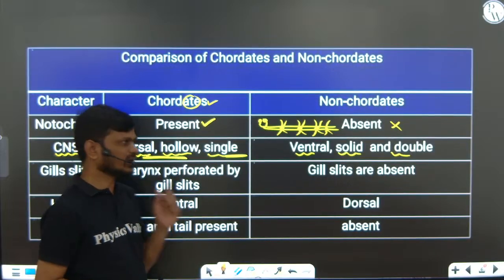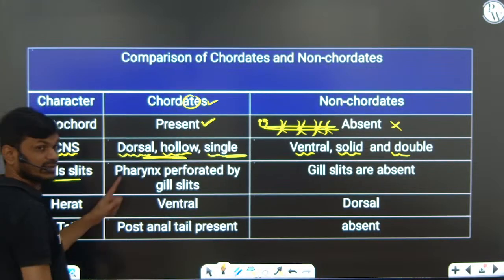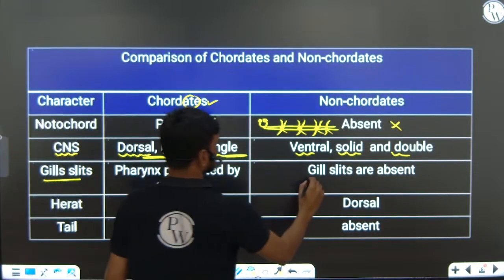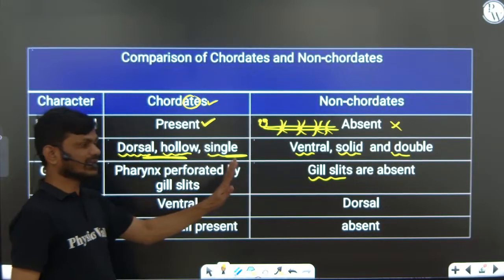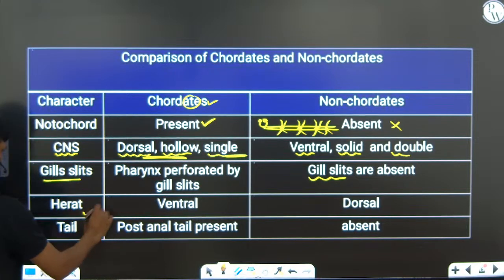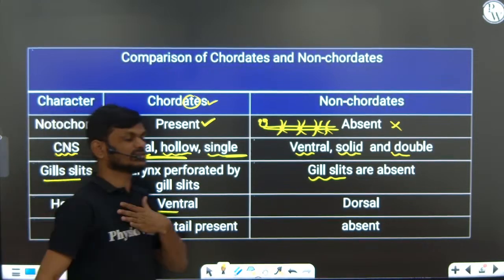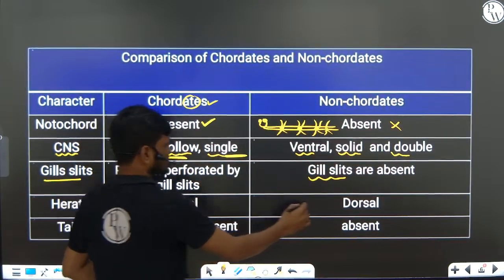Gill slits are present in chordates, but absent in non-chordates. Gills may be present, but gill slits are absent. In chordates the heart is in ventral position, but in non-chordates the heart is dorsal in position.